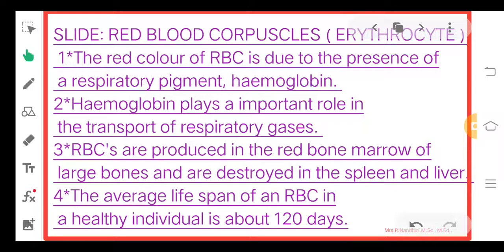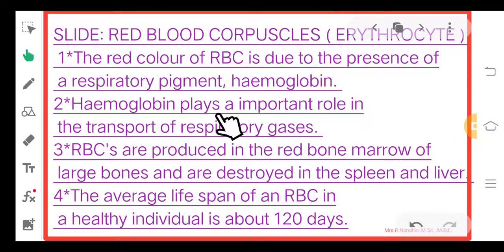First point, the red color of RBC is due to the presence of a respiratory pigment, hemoglobin. Hemoglobin is the respiratory pigment. It is red in color.